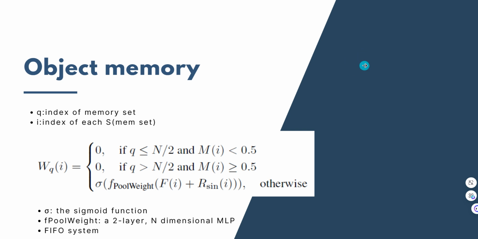Otherwise it will be the sigmoid function, based on Phi, which was mentioned previously, and R is the positional embedding parameter, and F pool weight is also a trainable network.